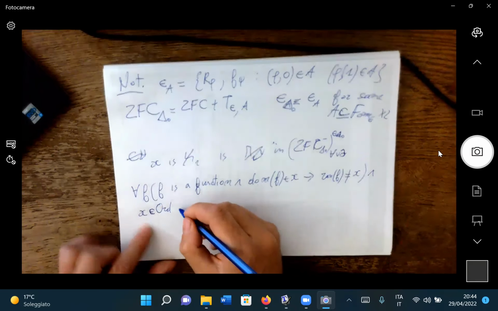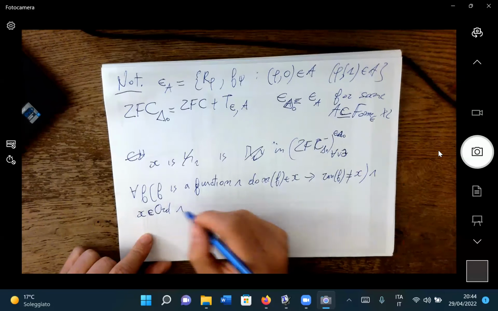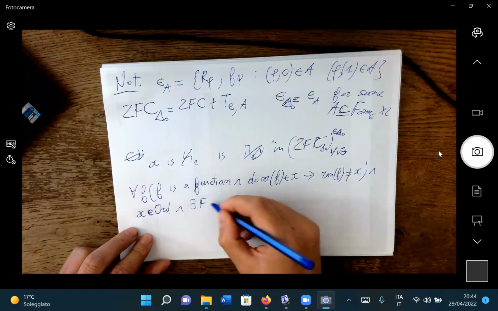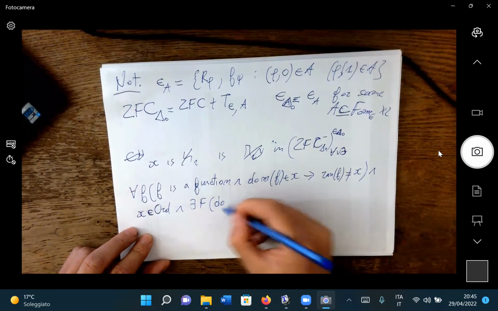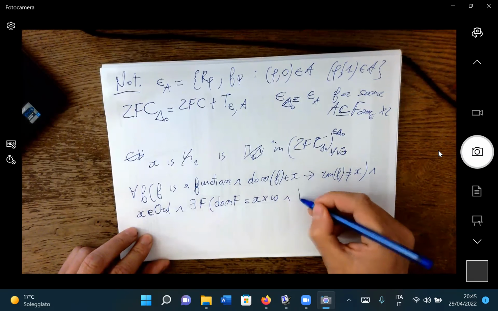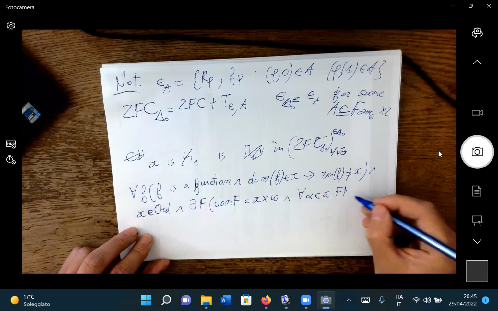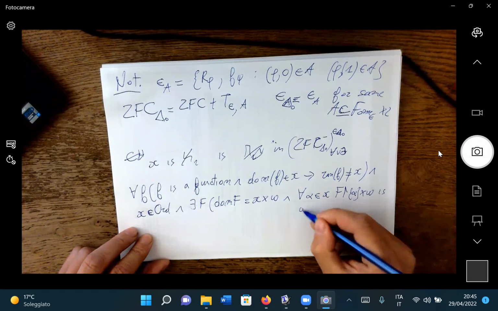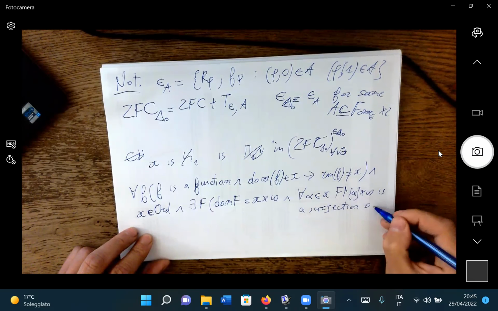So it's a linear order. The epsilon relation makes it a linear order and it is transitive. And I have to add there exists an F with dom F equal to X times omega, and for all alpha belonging to X, F restricted to alpha times omega is a surjection on omega.